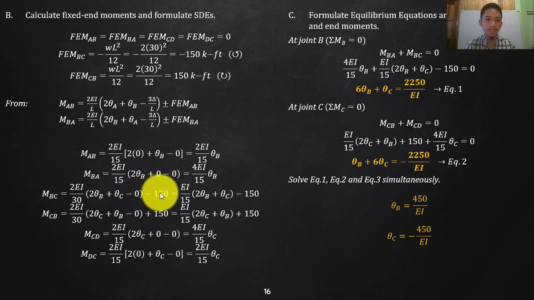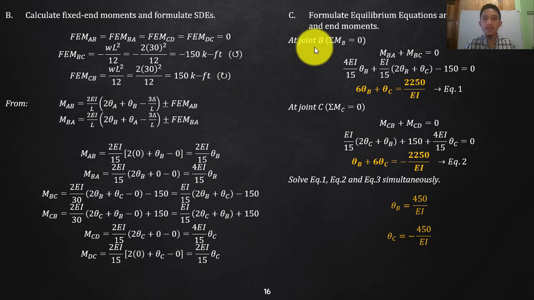So BC is negative and CB is positive. And this is your resulting moment equation. Then MCD, just like MAB and MBA, has no FEM. So all we need to do is deal with the rotations, and there is no deflection. Theta D is actually 0. We discussed that a while ago. So these are your moment equations.